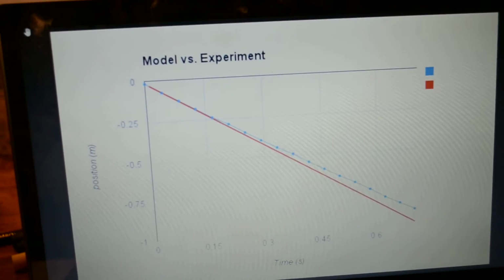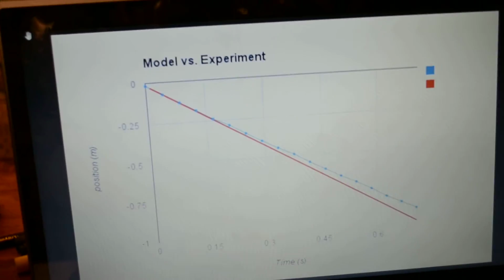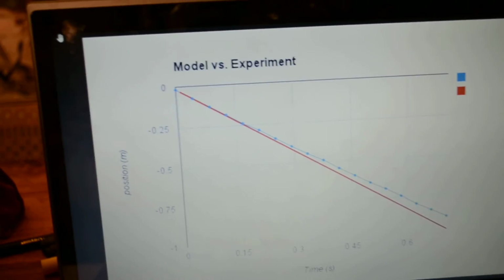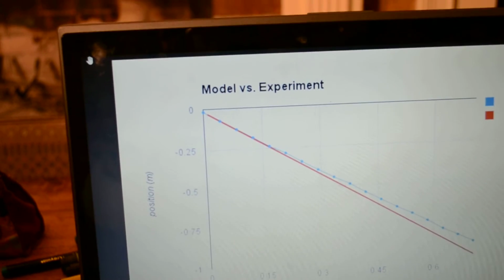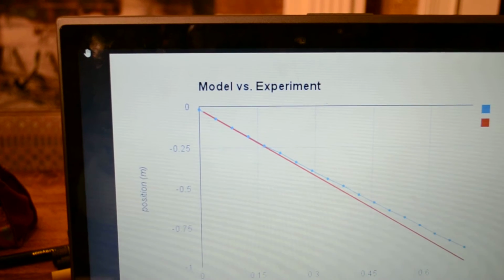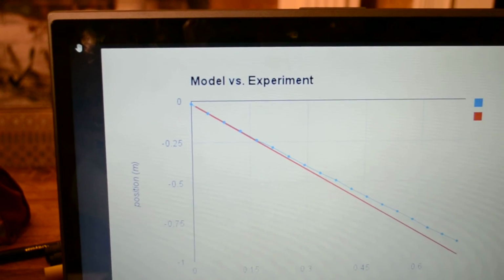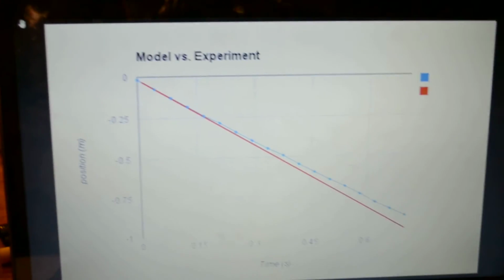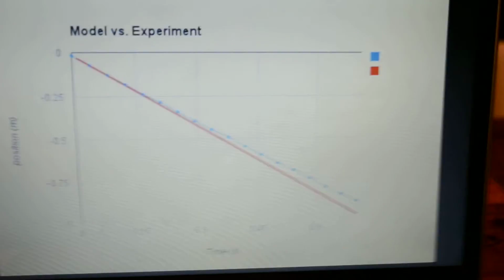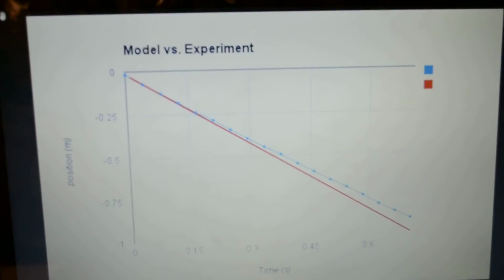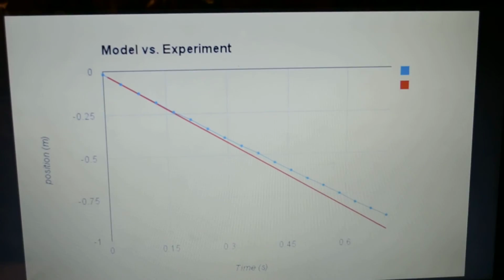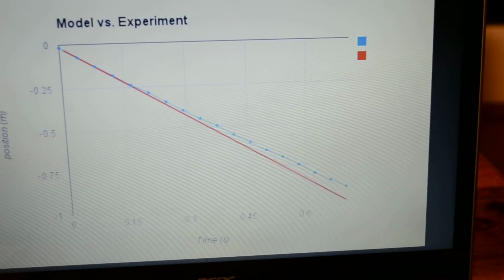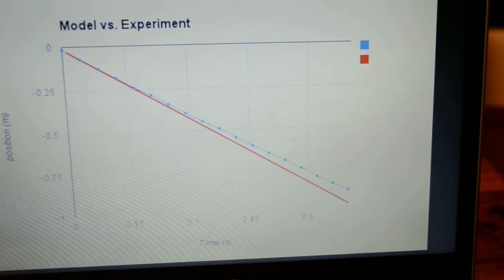So overall, I would say that the computational model does in fact predict accurately the object's velocity. And if there were no friction, I would say the lines would be spot on.